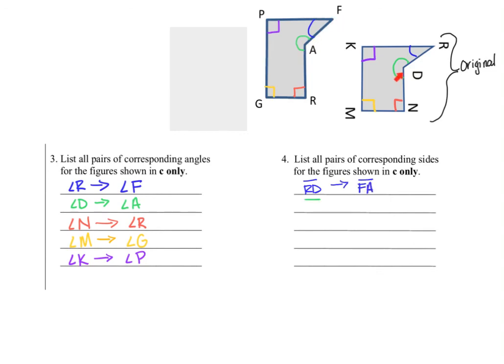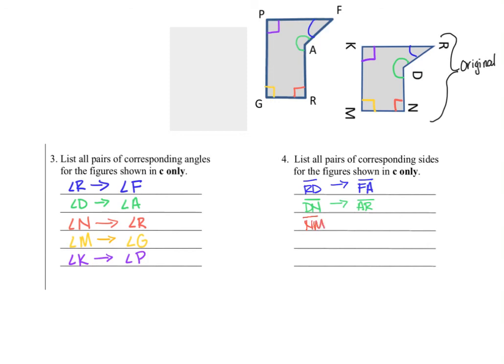Next, let's do segment DN. Segment DN would correspond to what segment on the image? DN would correspond to segment AR. Now I would like you to find the rest of the corresponding sides for the following segments.